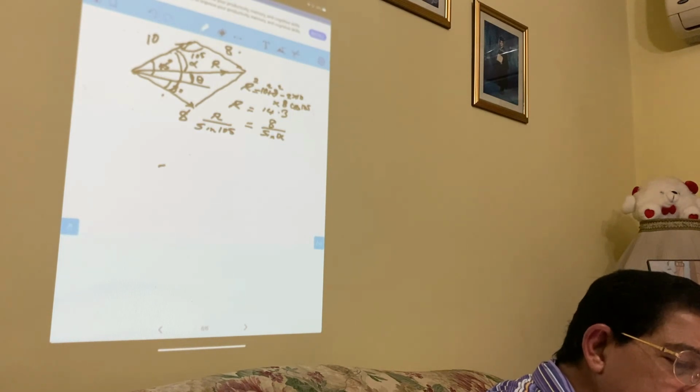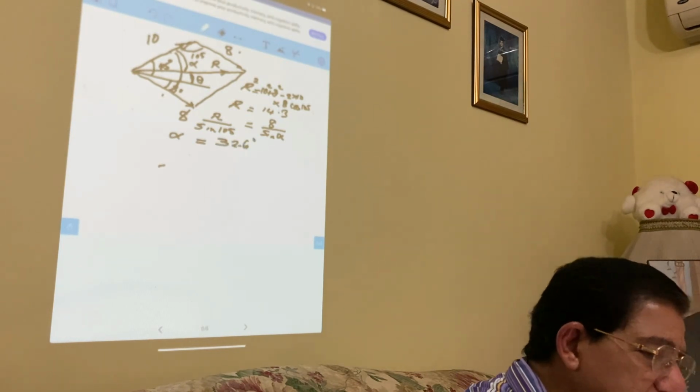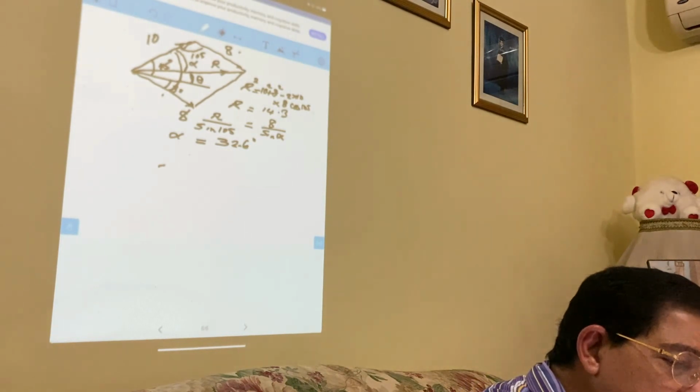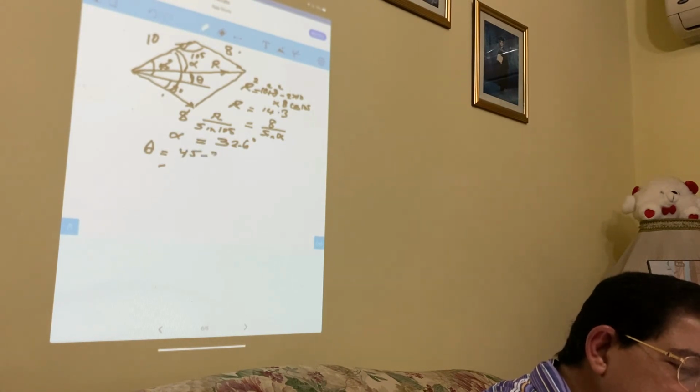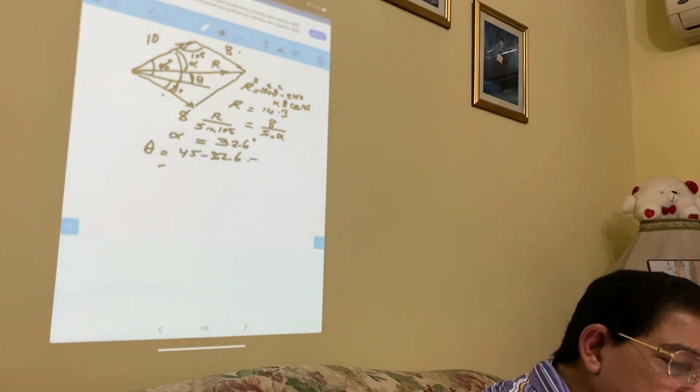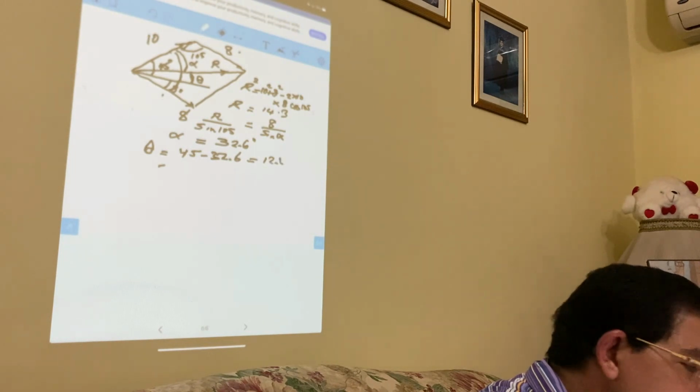We will calculate alpha. It will be 32.6 degrees. Then theta would be 45 minus 32.6. It will be 12.4 degrees.